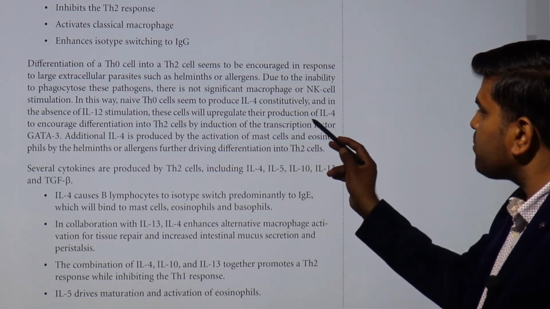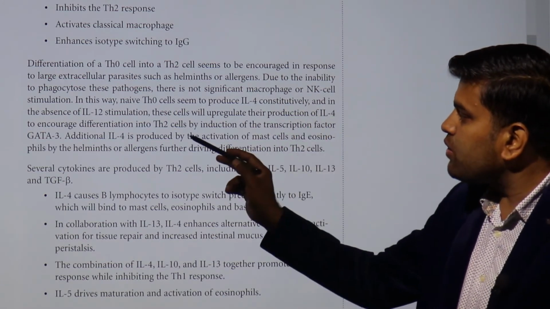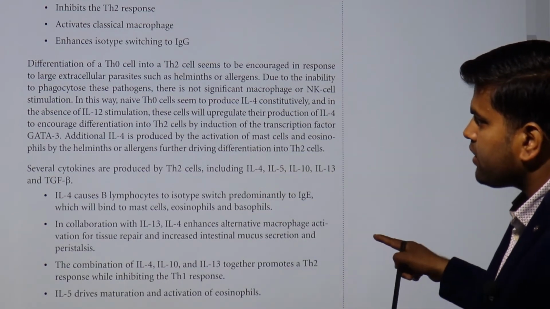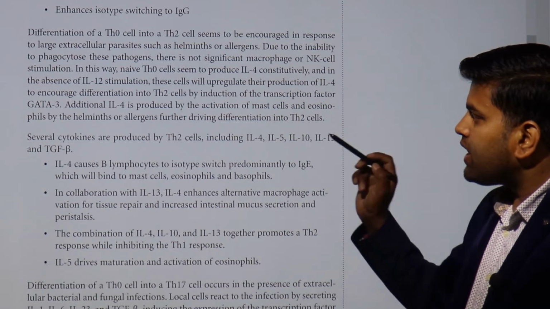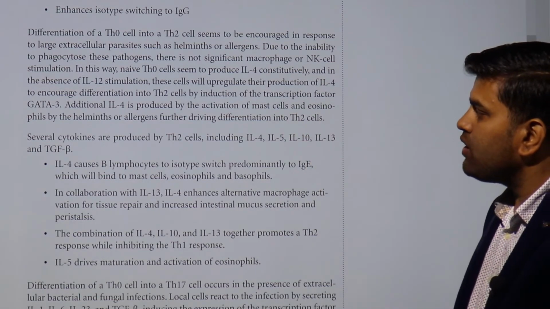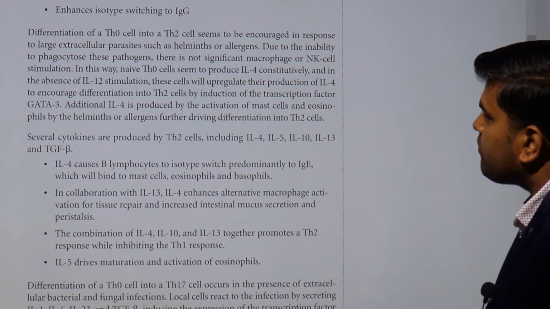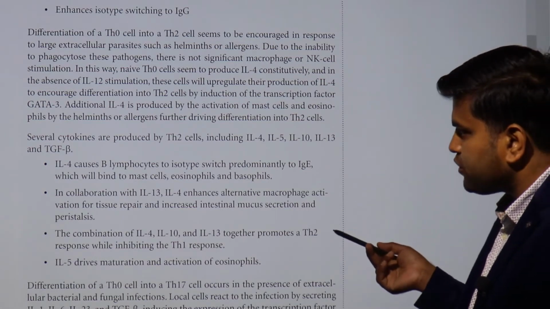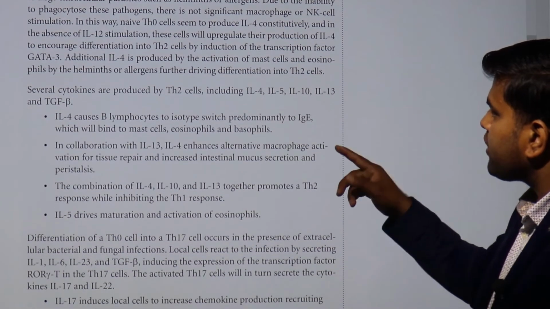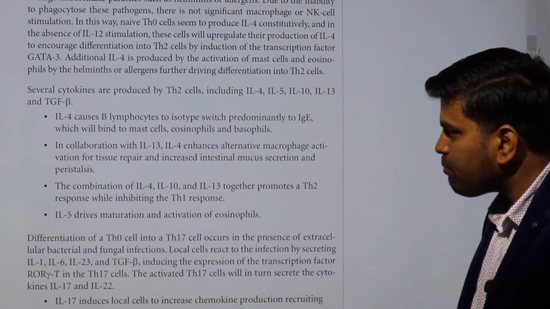This will regulate the production of interleukin 4, encouraging the differentiation into Th2 by the induction of transcription factor, that is GATA3, and additional interleukin 4 will be produced by the activation of the mast cell and eosinophil by the helminths or allergen, driving the differentiation into the Th2 arm. The function: several cytokines are produced by the Th2, including interleukin 4, 5, 10, 13 and TGF beta.